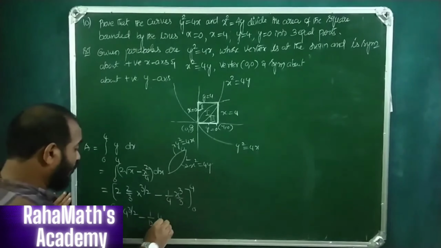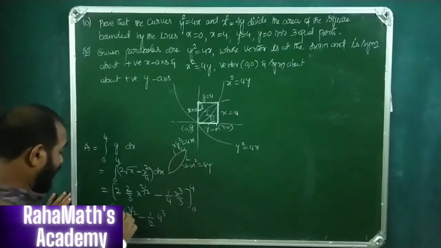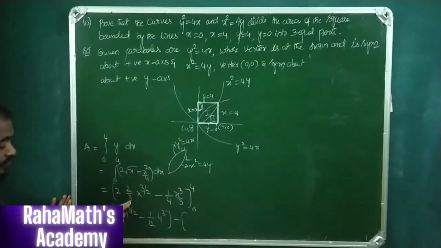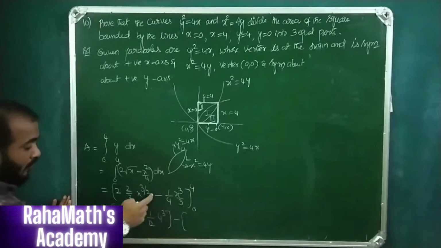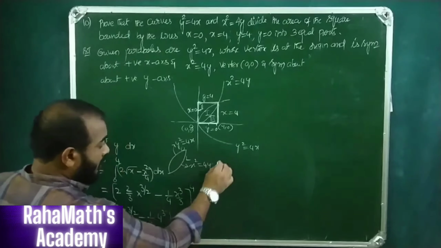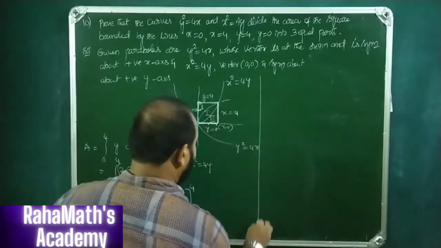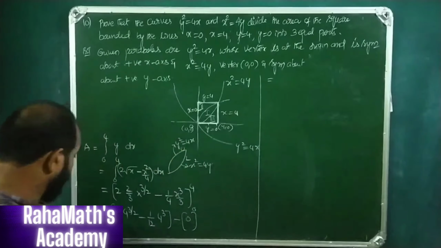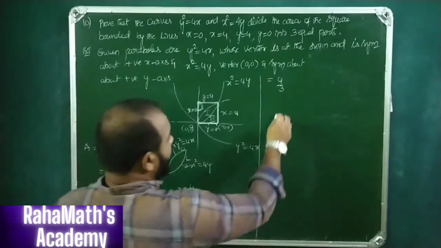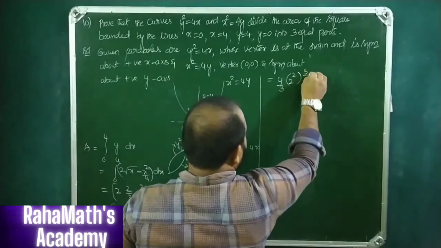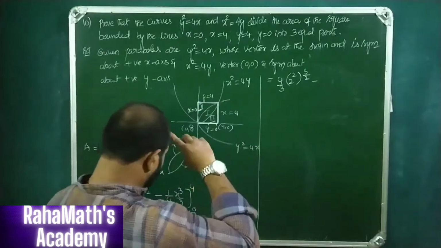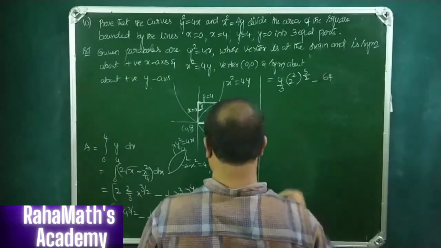X cube is 4 cube. This is all the upper limit, minus the lower limit: 2 2s are 4 by 3, x is 0 power 3 by 2, this is 0. Here 1 by 4, 0 cube by 3, this is all 0. Therefore this will be 4 by 3, 4 is 2 square whole power 3 by 2, minus 4 cube is 64 by 12.